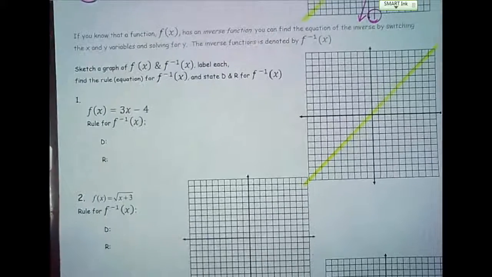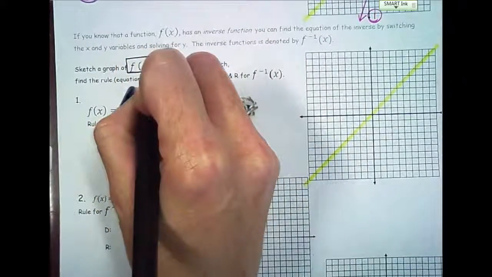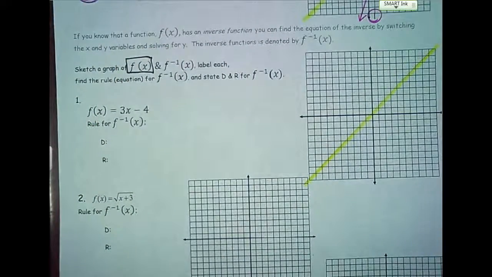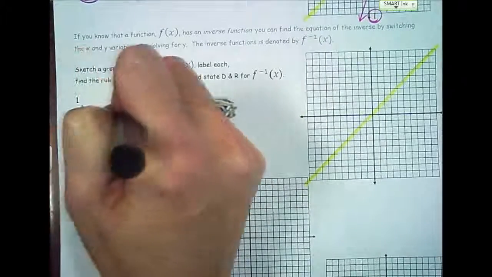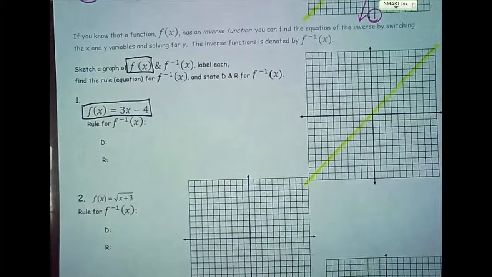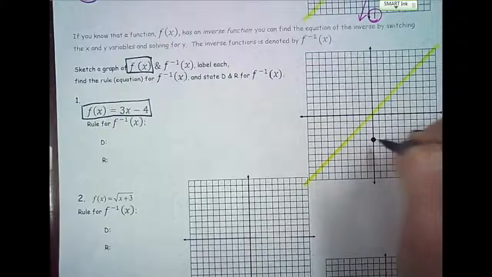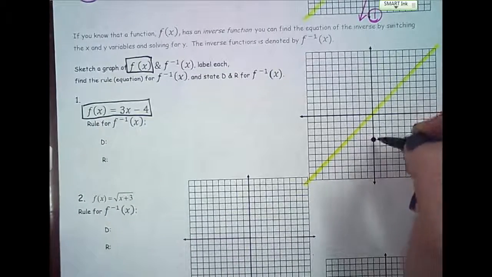And then the directions say, sketch a graph of your function, okay? And here's my function right here. These go together. So let's sketch this graph. Down 4, my slope is 3 over 1. Come on, guys.